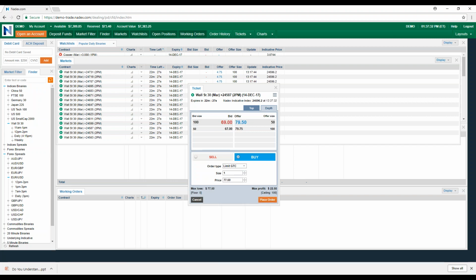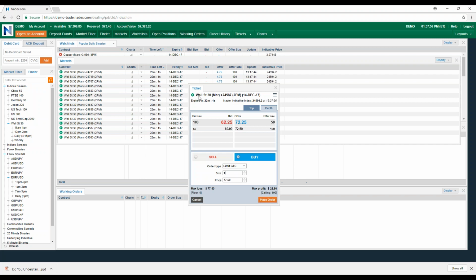Because you know that with a binary, it's a true or false statement: either it happens or it doesn't happen at expiration. It's all or nothing, and it can be all or nothing based on 1/10 of a tick or a point.